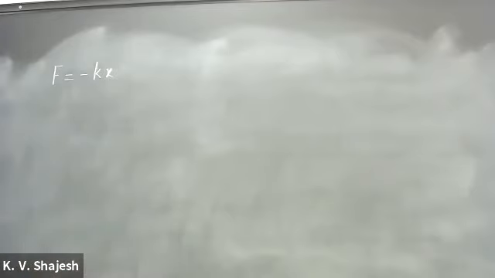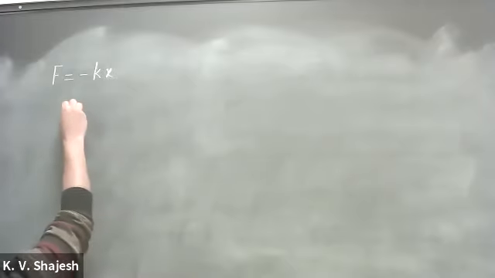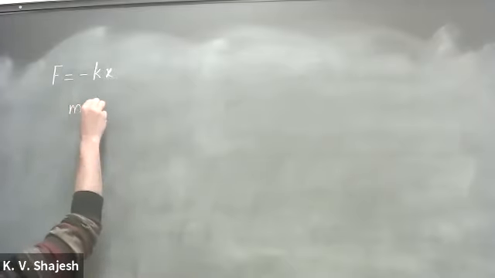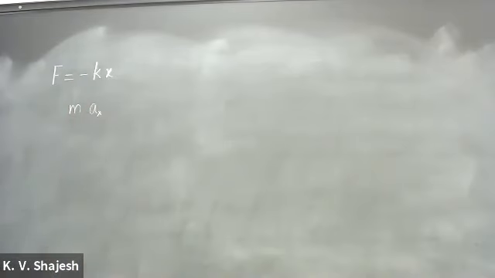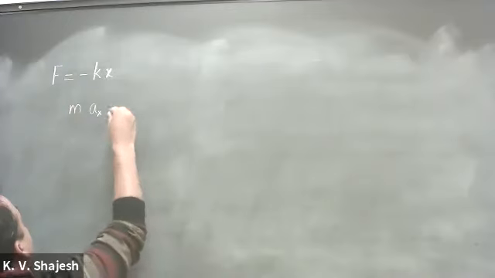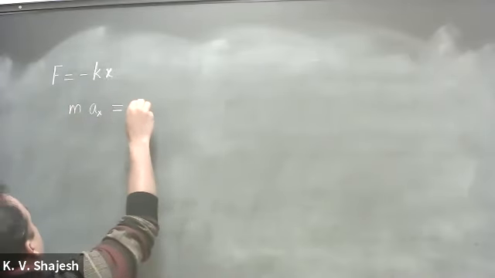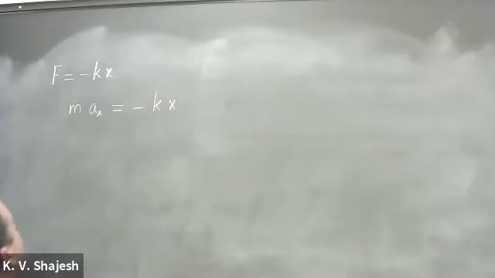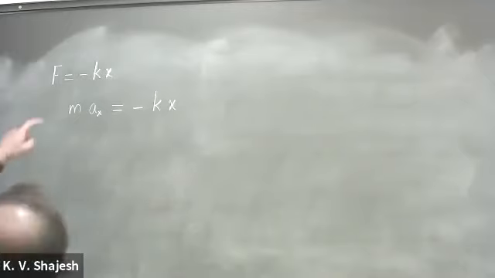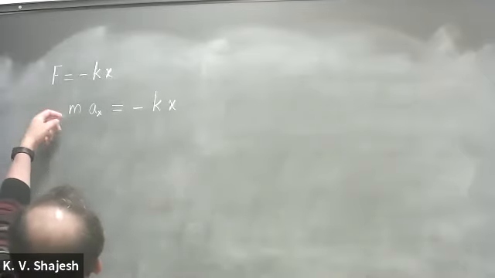If that's the only force acting on the system, and in this case, as far as horizontal forces go, that's the only force acting, then mass times acceleration in the x direction, since we're talking about the motion in the x direction, is equal to minus kx.